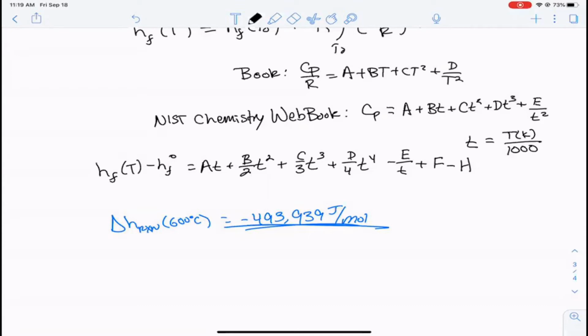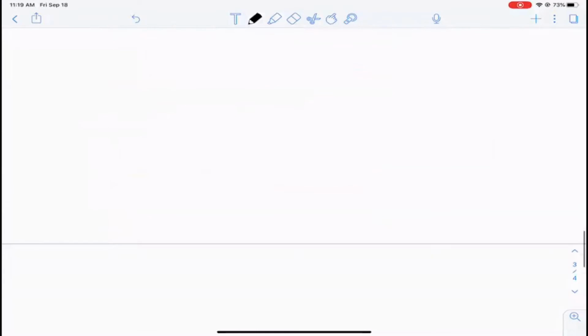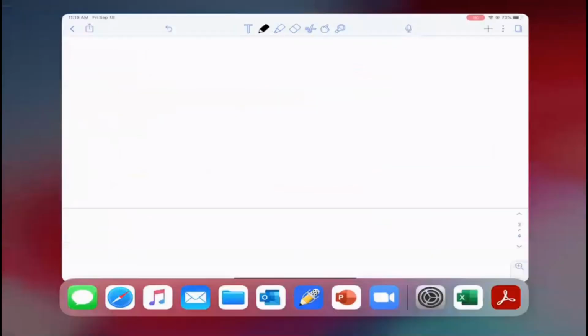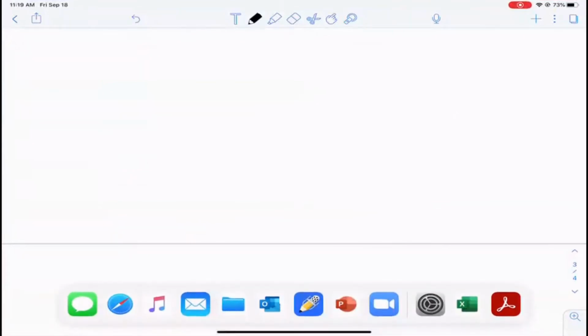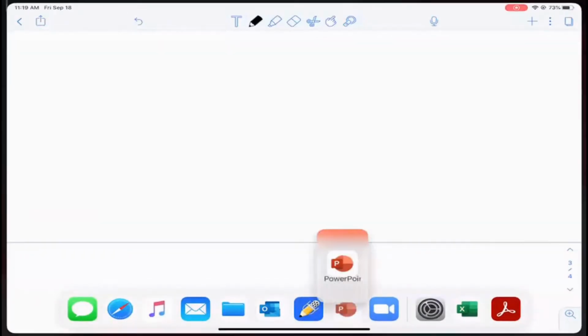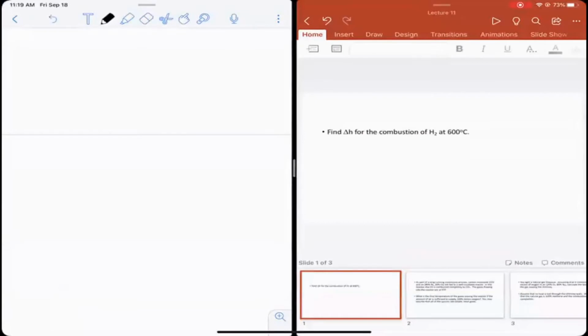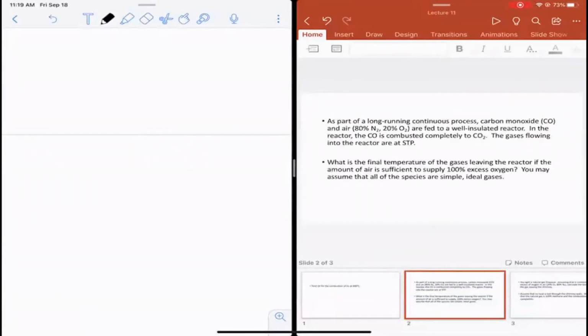So if you're a little bit confused of how we're going to use that, that's fine. Just give me 20 minutes, and hopefully we're all on the same page by then, okay? So let's use this heat of formation approach to actually solve a reaction-related problem, okay?